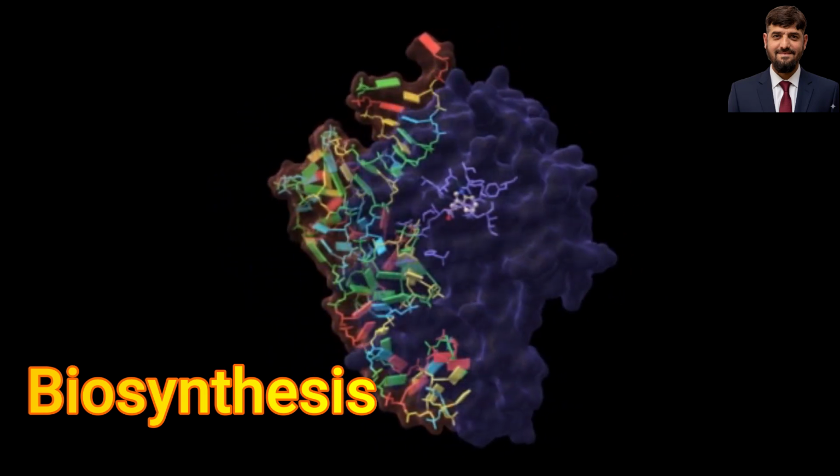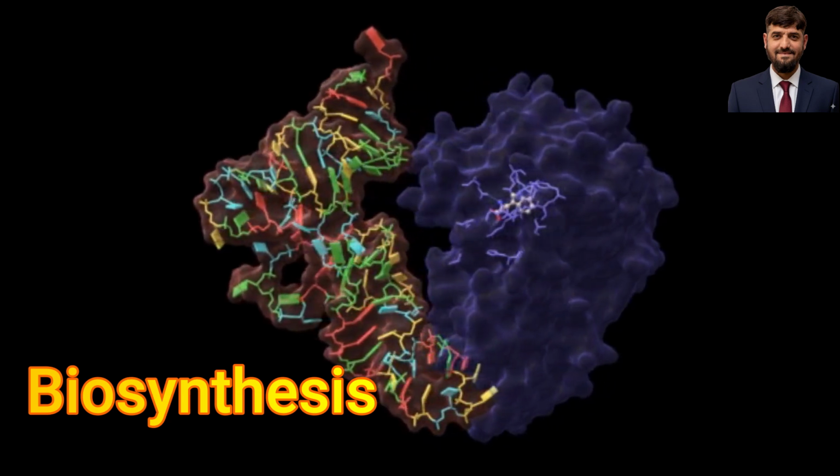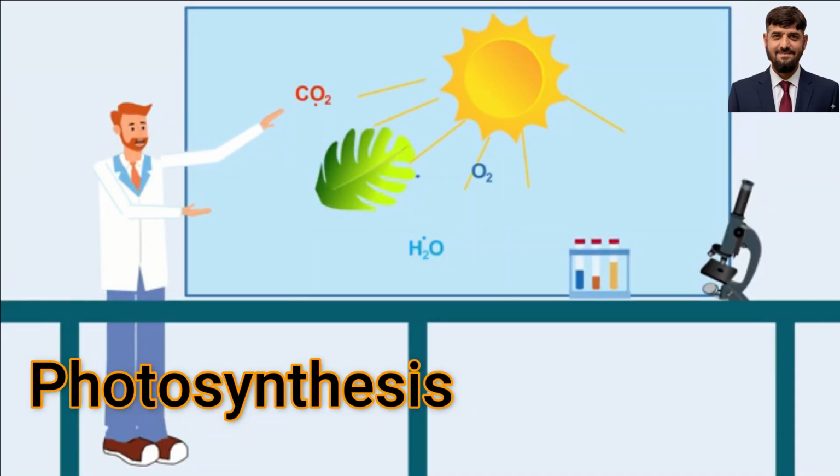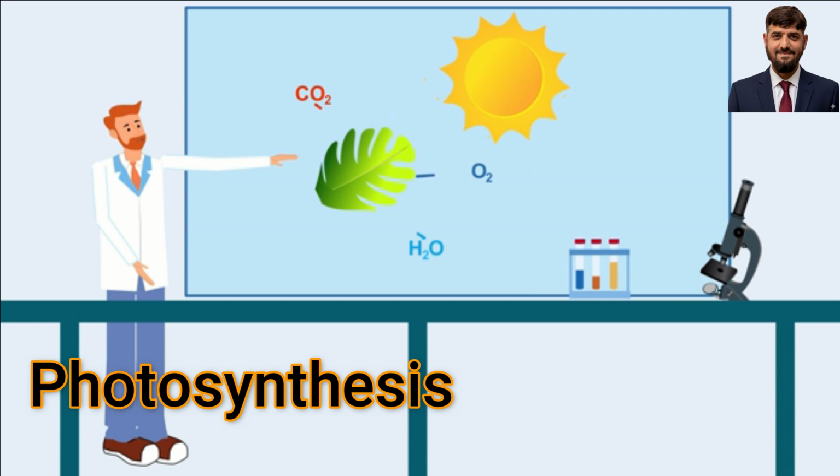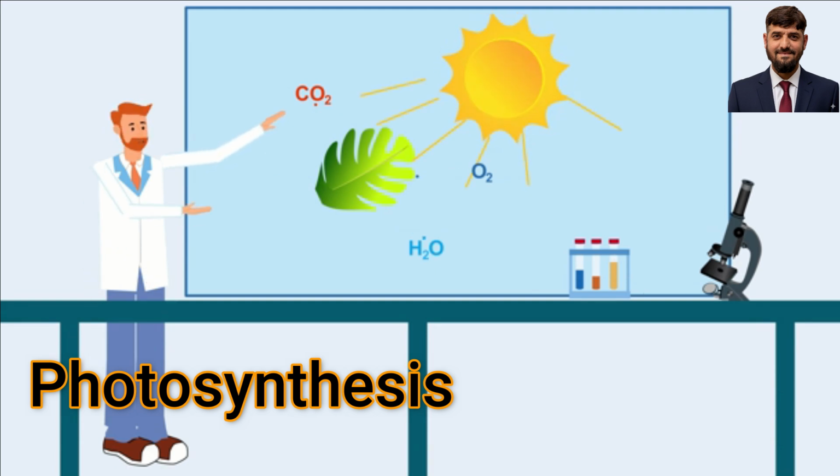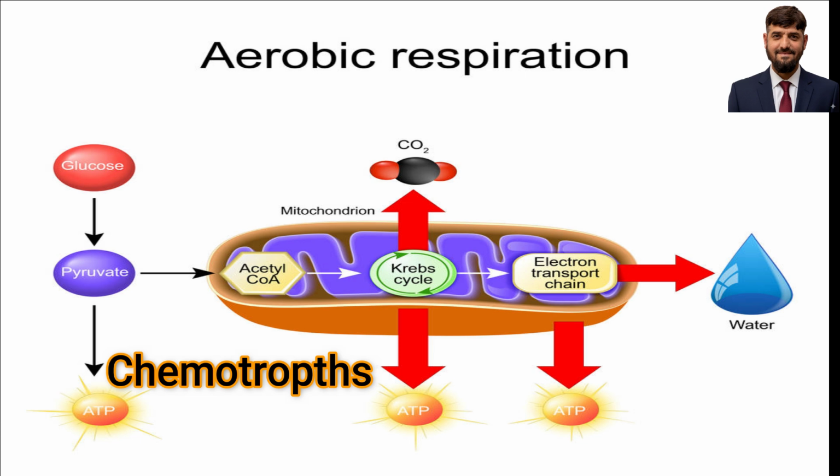How do cells transform energy? Different organisms obtain energy in different ways. For example, photosynthetic organisms use sunlight to convert molecules into energy-rich compounds. This process converts light energy into chemical energy. Animals and humans are called chemotrophs.